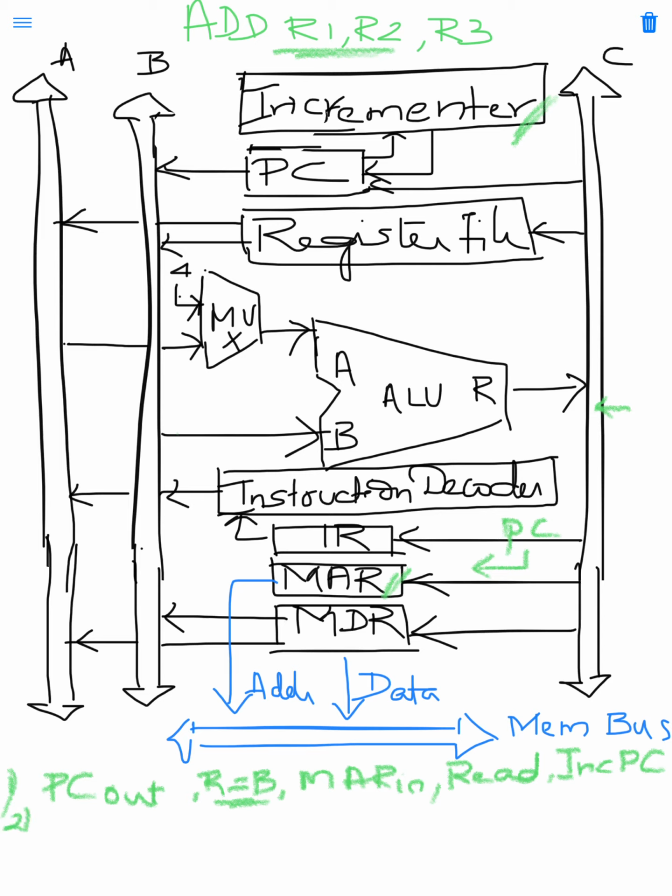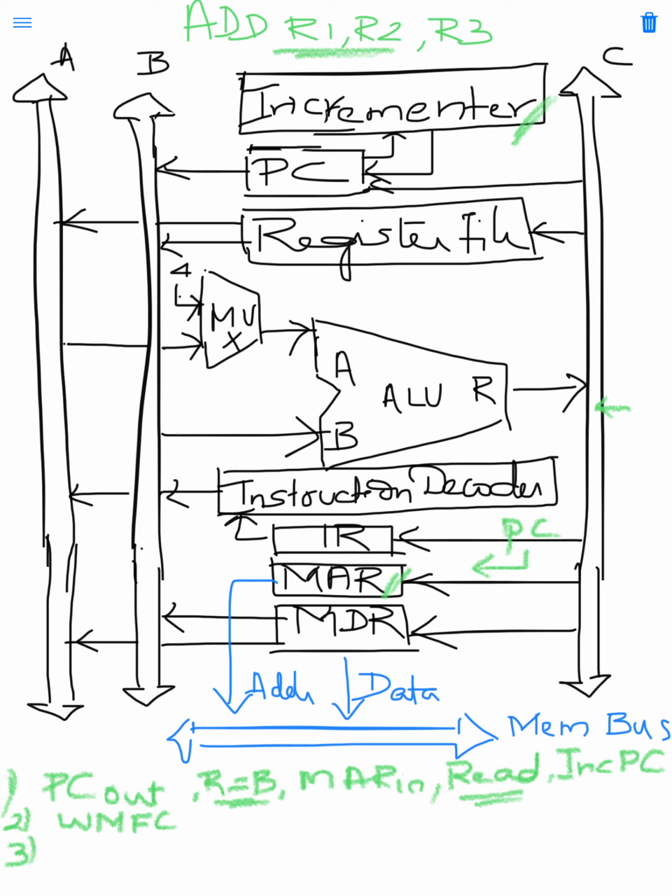The second step is, after incrementing the PC value, since the read operation is initiated, it will be waiting for the MFC signal, memory function complete. It waits for the memory function to complete. That is the second step.